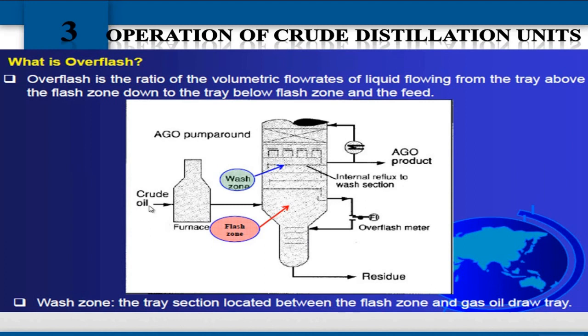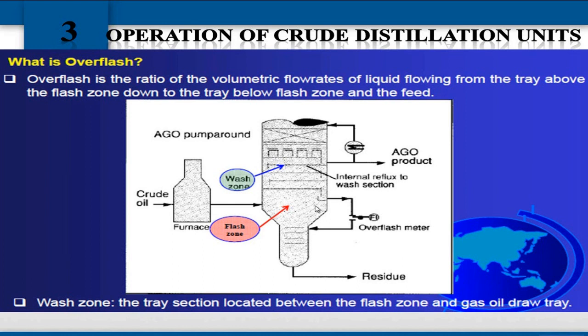Well, after the crude is heated to a certain temperature, 400 degrees Celsius, at this temperature some crude may partially vaporize and the crude will be fed into this area of the column, the flash zone.